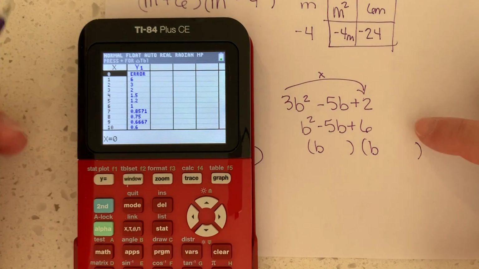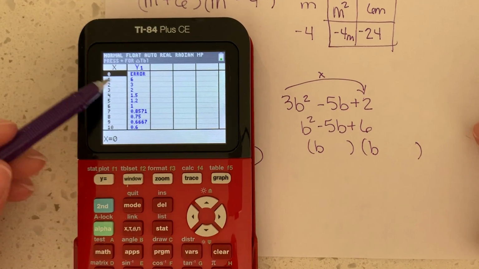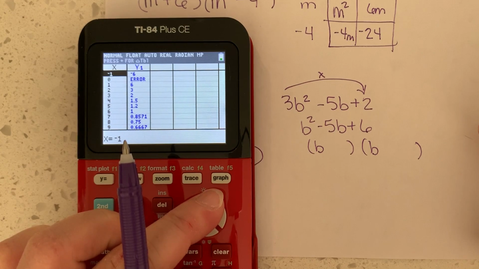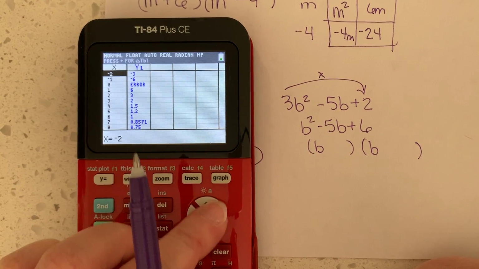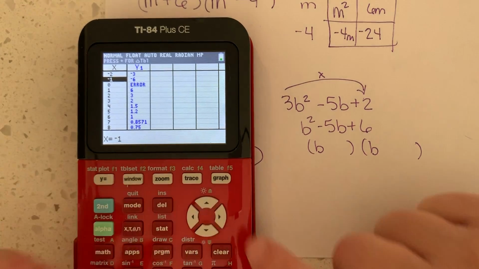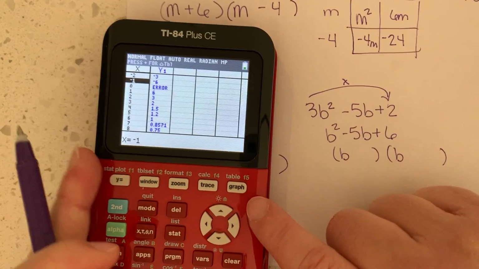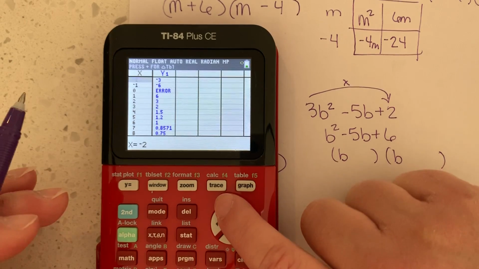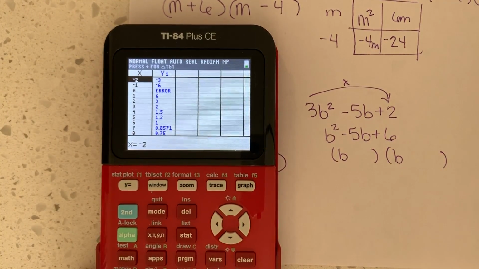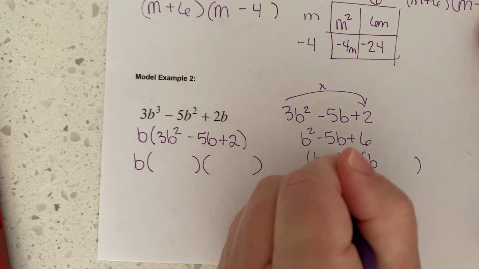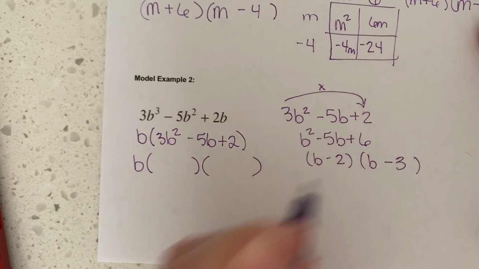All right, so we want factors of 6 that add to be negative 5. Well, these are all positive, so those are never going to add to be negative 5. This has to be negative 7. If we go towards the negatives, if you can see that, that adds to be negative 5. Look at that, negative 2 and negative 3. So negative 2 and negative 3.